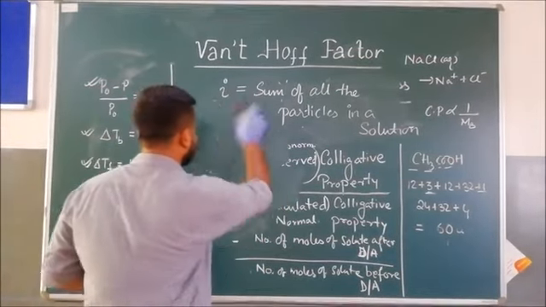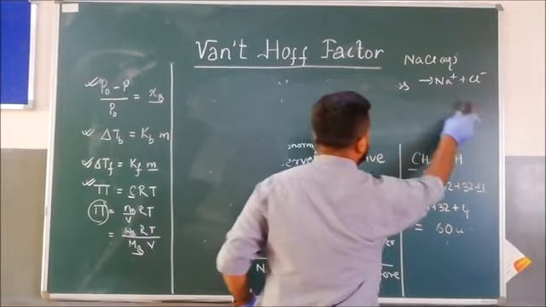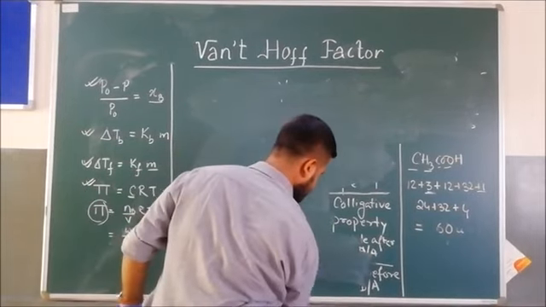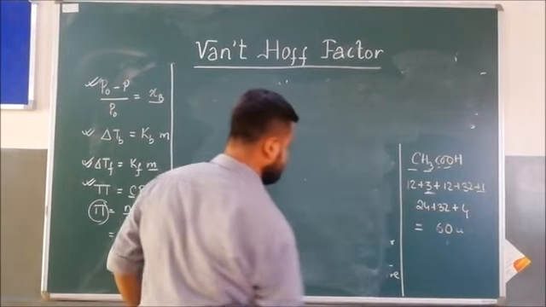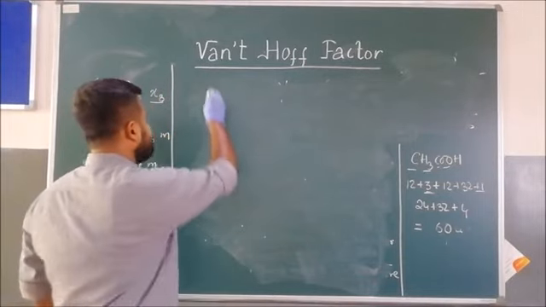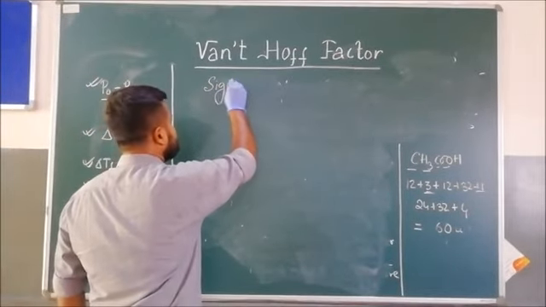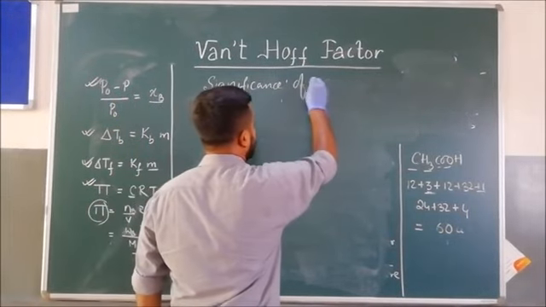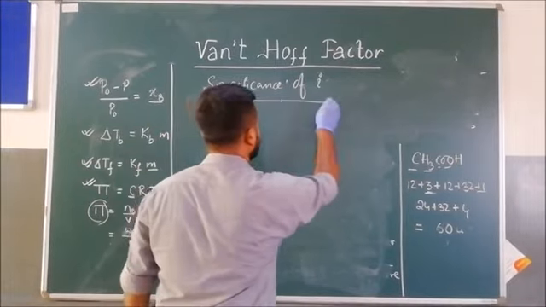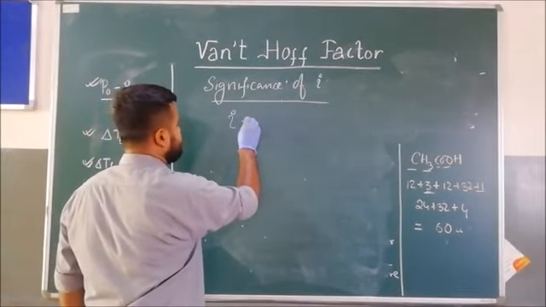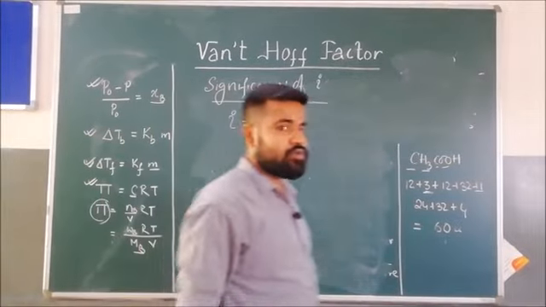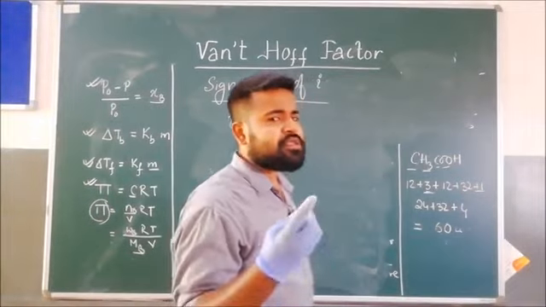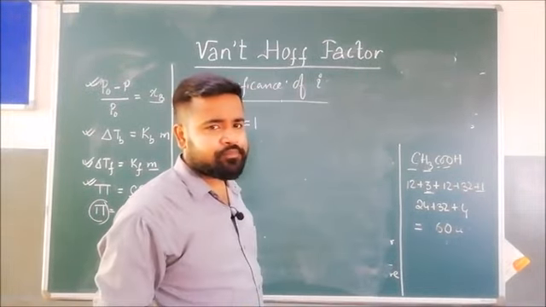Next, what is the significance of i? The significance of the Van't Hoff factor. If i equals 1, it means normal by abnormal molar mass is the same.